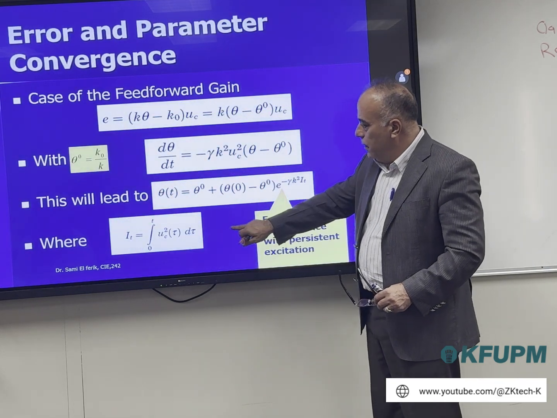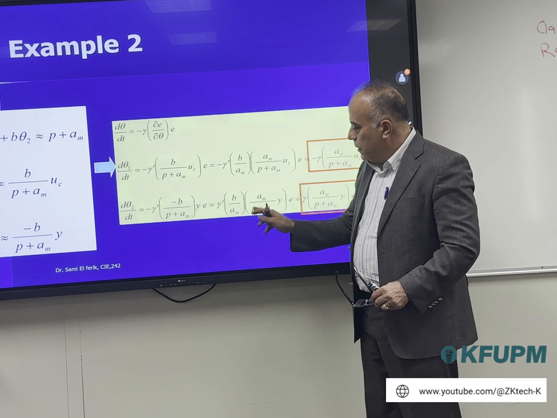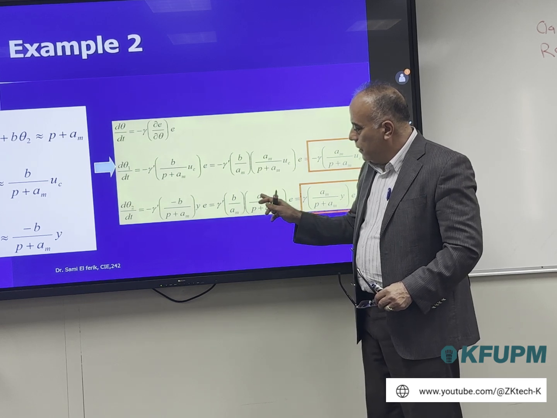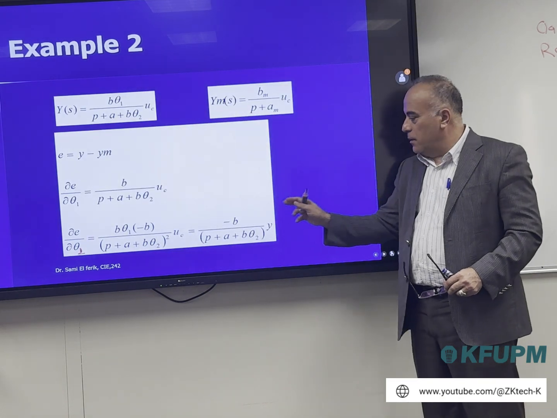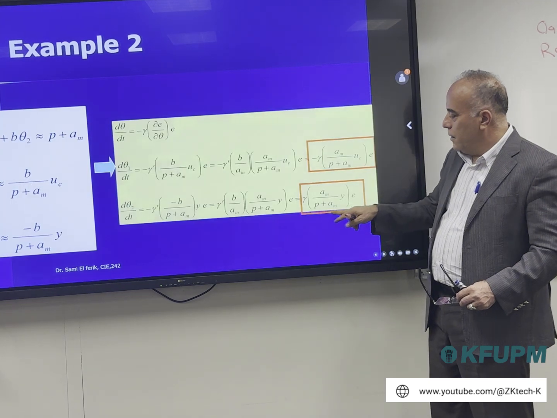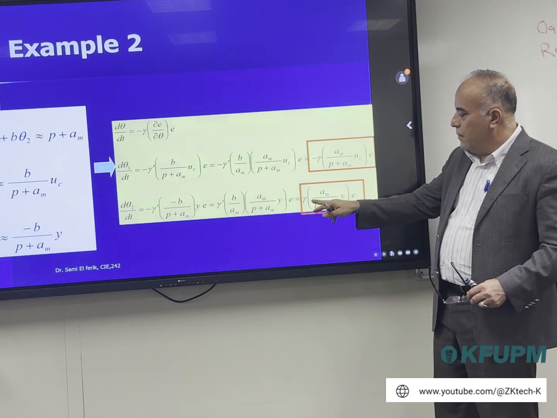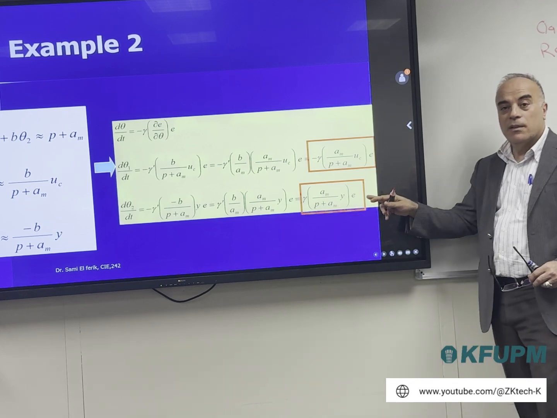I take this B out. I take AM in the numerator and denominator. And this also becomes a filter, which is the same one as the one I'm using here. And the system can be equal to gamma times AM over P plus AM multiplied by Y multiplied by E.